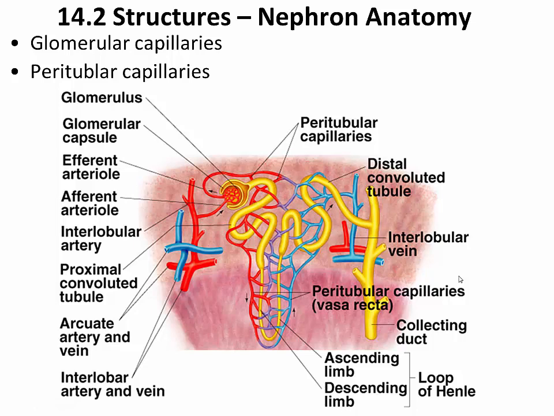The function of the peritubular capillaries is to reabsorb fluid that's lost during this process of ultrafiltration. As we'll see momentarily, most of the fluid that is filtered is reabsorbed and not lost from the body in the form of urine. This is necessary because there's a tremendous volume, 180 liters per day, in fact, that is filtered.